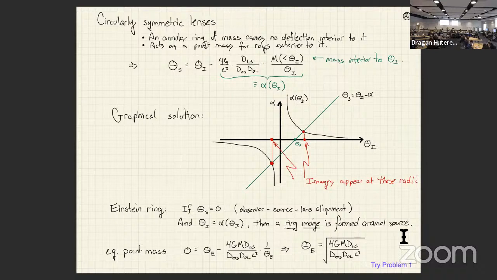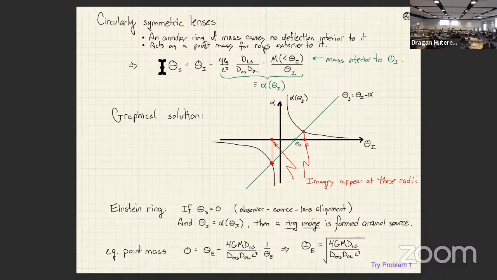And has no gravitational effect on anything inside the shell. Well, the same thing is true for a 2D ring of mass on the sky. If a ray passes outside of it, right, the bend angle is just like it was a point mass. And if the ray passes inside of it, it's not deflected at all, right?